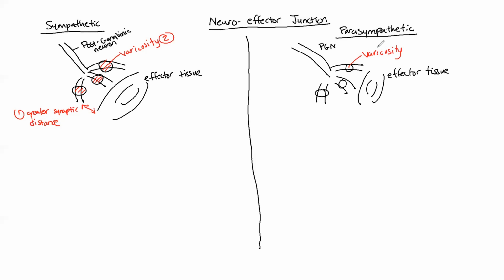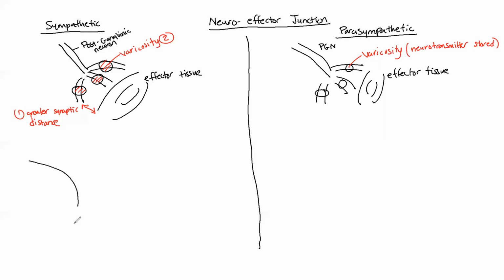And remember, the varicosity is where we have the neurotransmitter stored. So on this side, I'm going to put here neurotransmitter stored within those varicosities. At the bottom, let's look at a closer view of what's really happening across this junction.